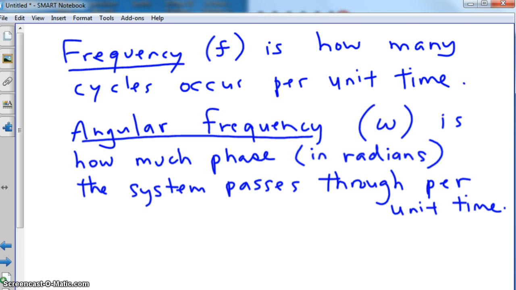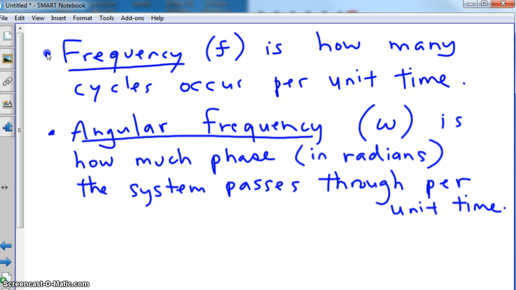So there are 2 ways to measure how quickly the cycles occur. One is using the plain old frequency f, which is just counting cycles, how many cycles occur per unit time, per second. The other way is angular frequency.